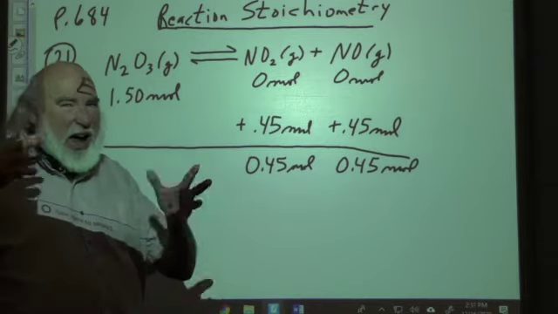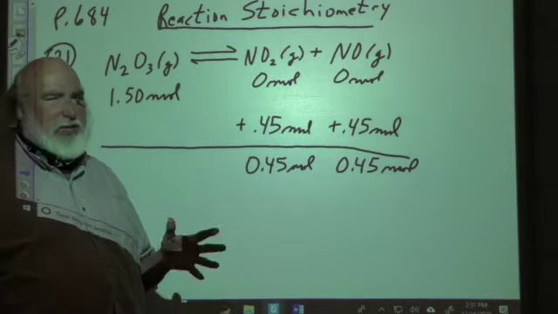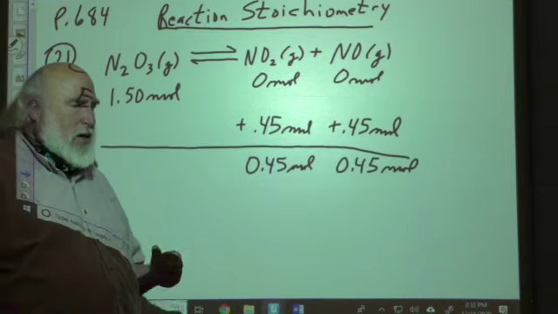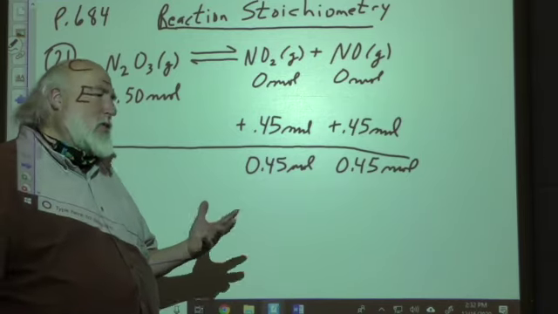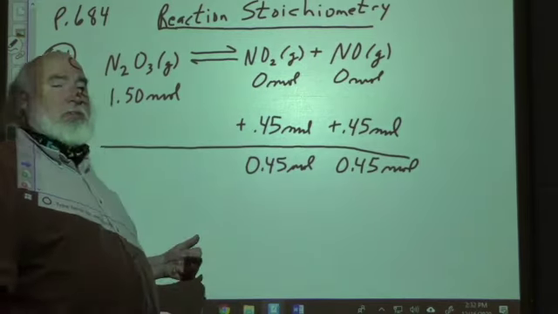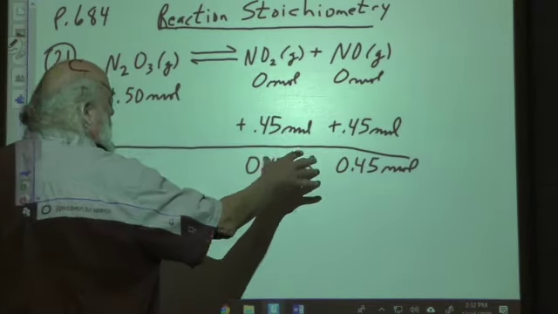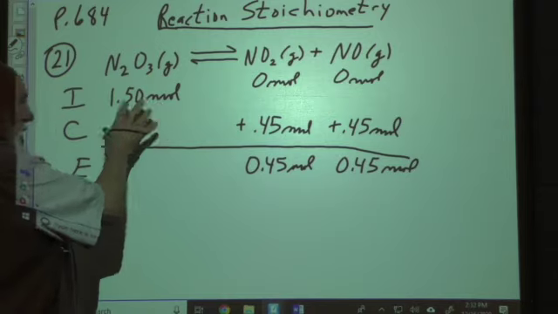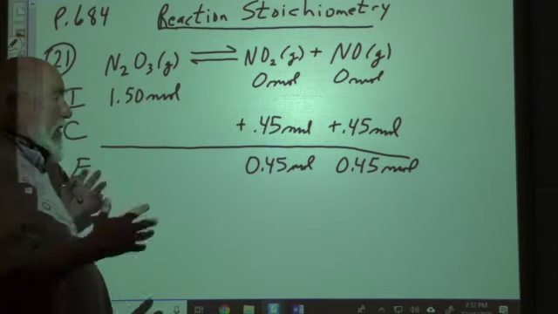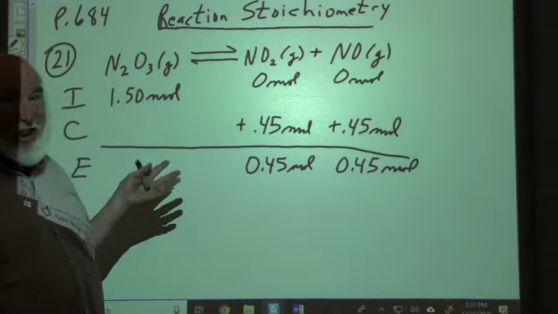Now here comes the kind of tricky part, but I think you can follow the logic fairly easily. Being the veteran chemist that you are at this point in your career, if we gain 0.45 here, what's going to happen over here? We're going to gain 0.45 here? No, that's called magic. Magic doesn't happen in chemistry.